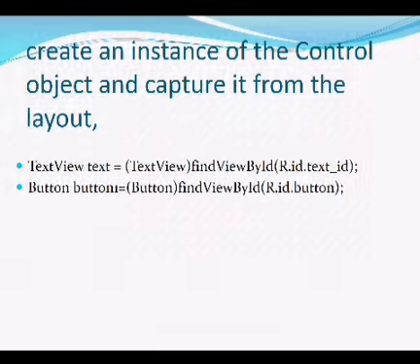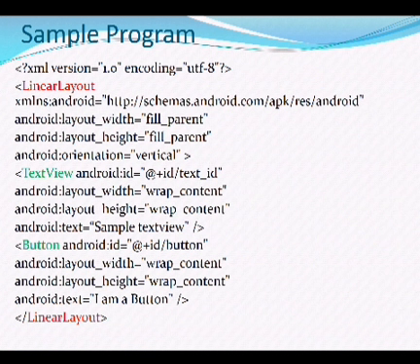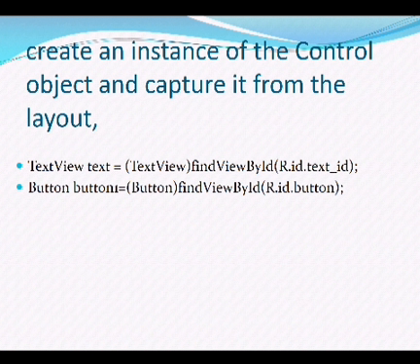And next, the button object holds the value android:text, I am a button, that is shown in the button tag. So this value is held by the button tag and it is accessed by the Java file through this button1 object.